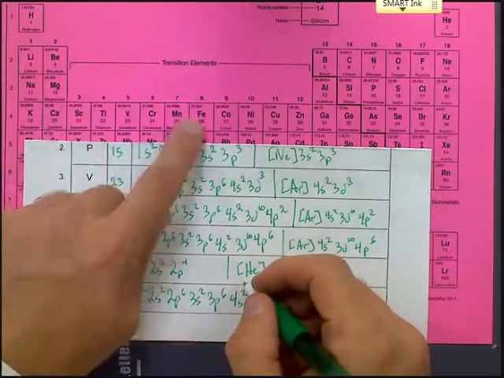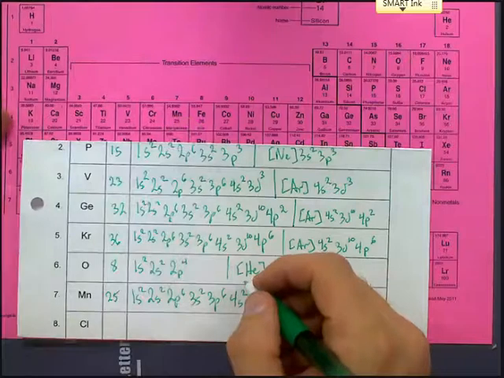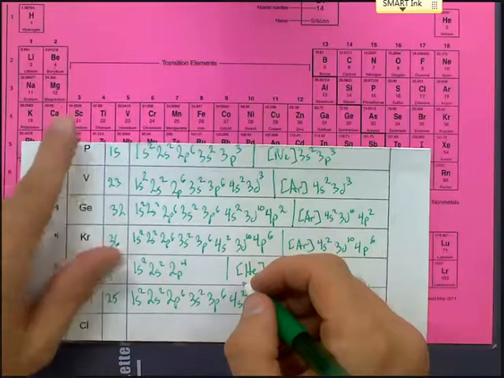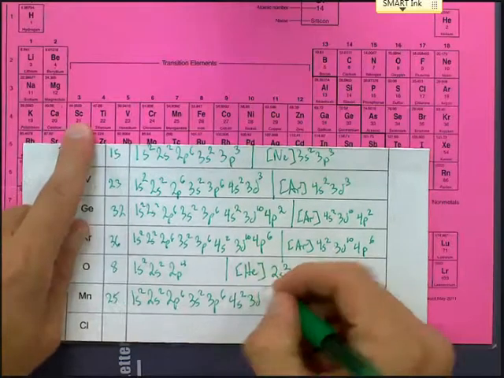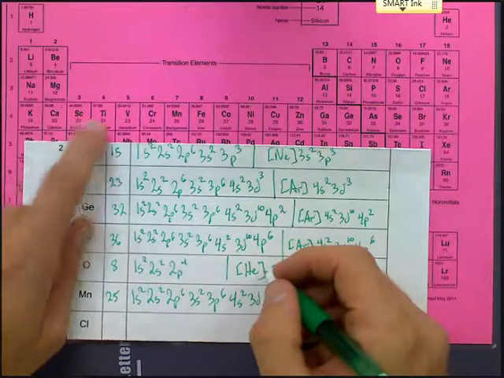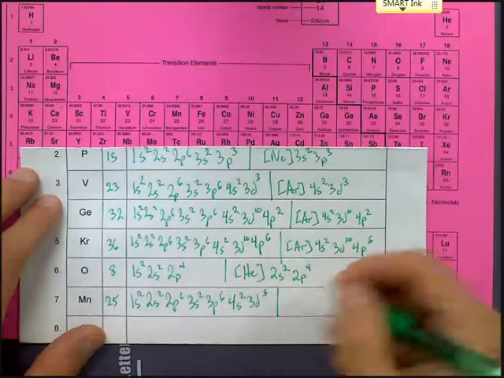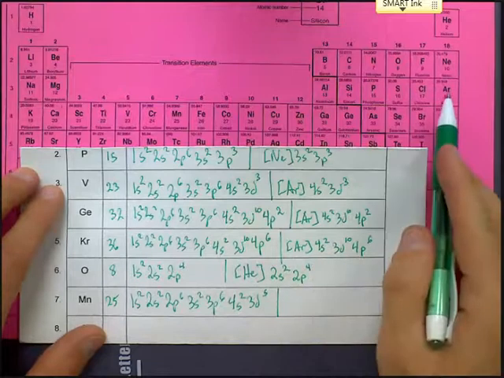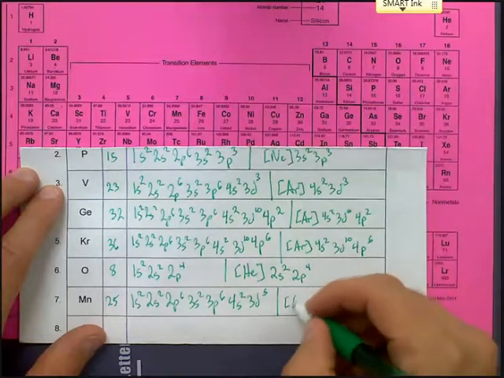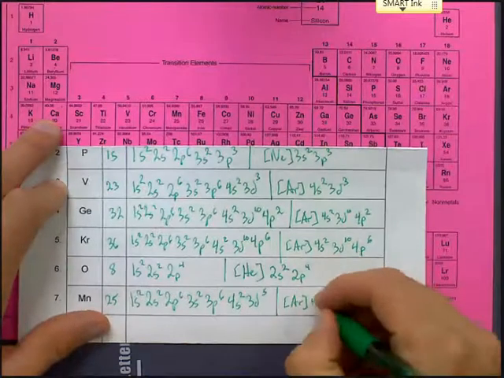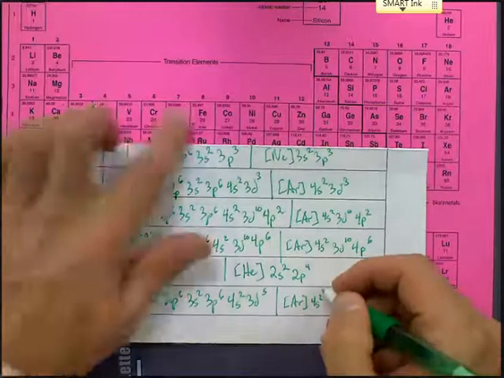Manganese is in the D block, 4th row, but remember, the D block is 1 level behind. So, we're at the 3d sublevel, and we count over 1, 2, 3, 4, 5 to get to manganese. Its noble gas abbreviation starts with argon, and then counts forward. 4s2, 3d5.